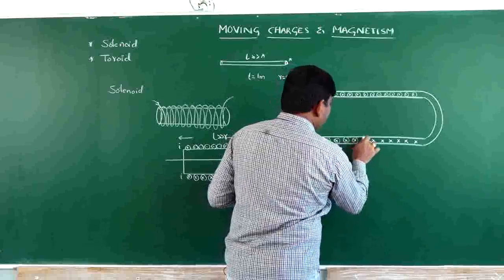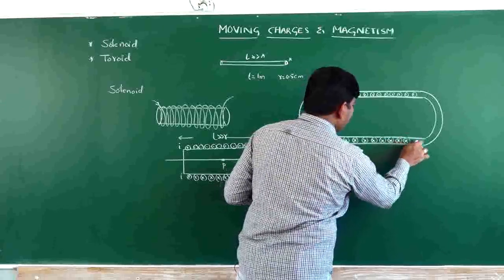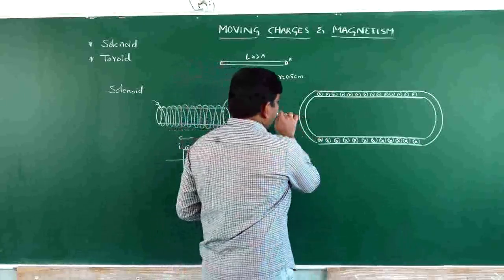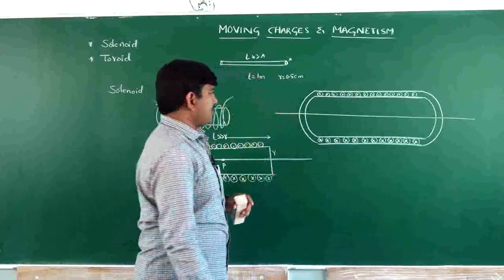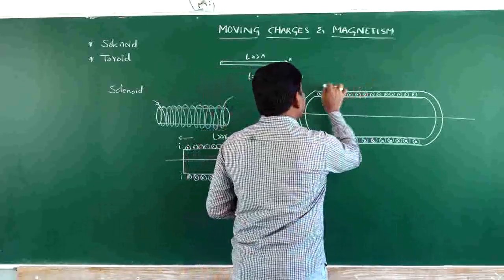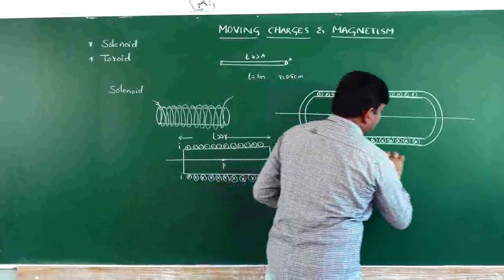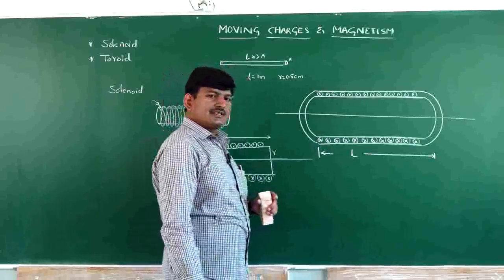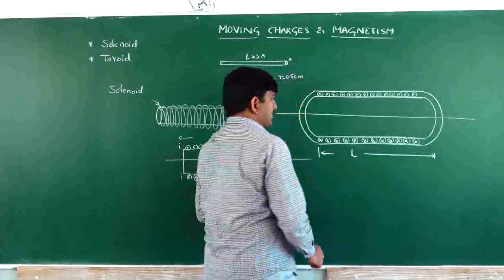I am going to calculate the magnetic field well inside the solenoid using Ampere's circuital law. Let me choose this as the axial line of the solenoid. Let L be the length of this infinite long solenoid, infinite length in the sense that its length is very large compared with its radius of cross section.